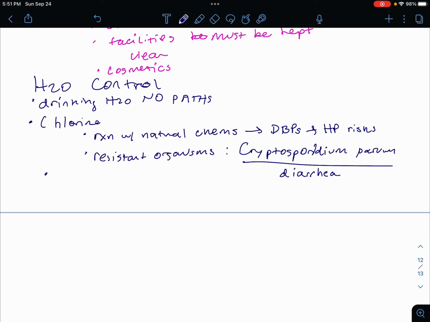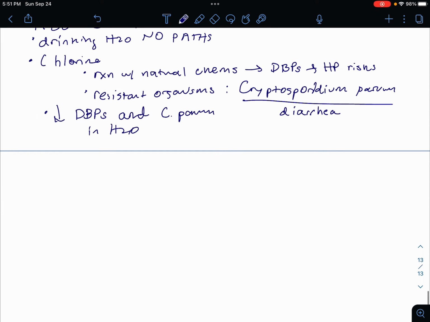So regulations require facilities to minimize DBPs and the diarrhea-causing Cryptosporidium parvum in H2O. Again, regulations are highly important here, making sure everything is safe. So what affects the antimicrobial procedure?